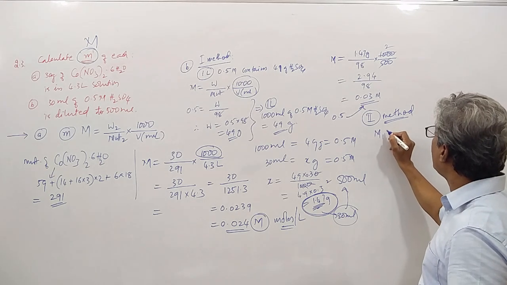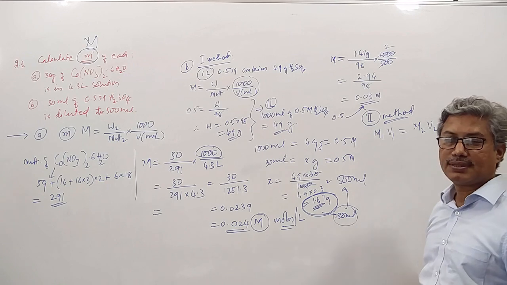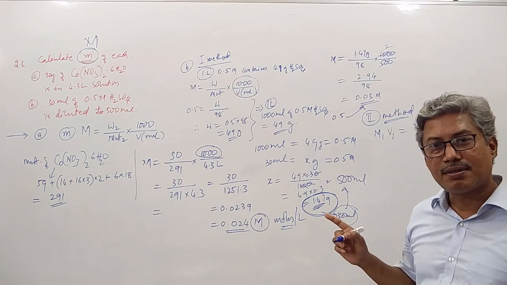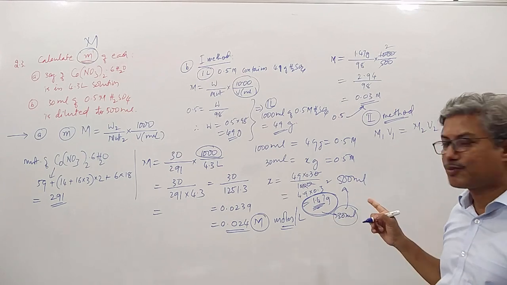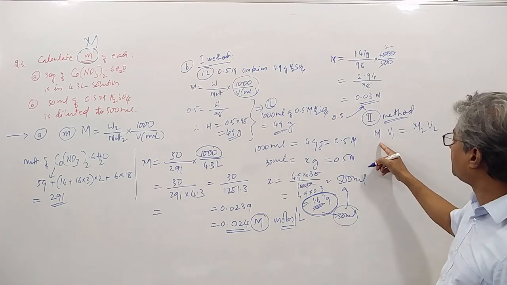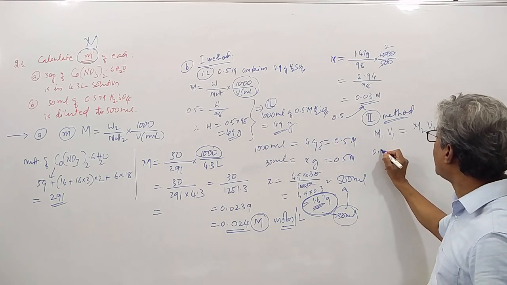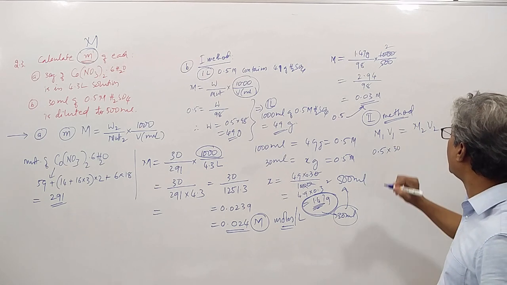Say N1V1 is equal to N2V2. This is known. This is from first PUC concepts, some basic principles, that is from volumetry. See students, this is 0.5 molar given and its volume is 30 ml.